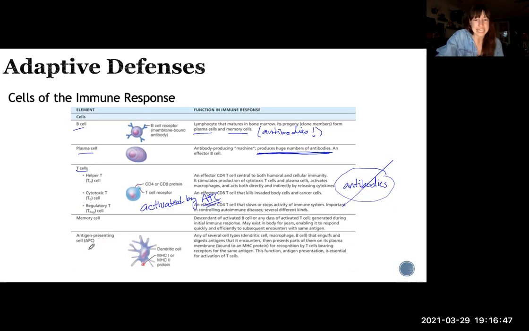And APCs, right? So these guys. Dendritic cells are the most common example of an APC. They are going to have MHC, that major histocompatibility complex, for the T cells to recognize.